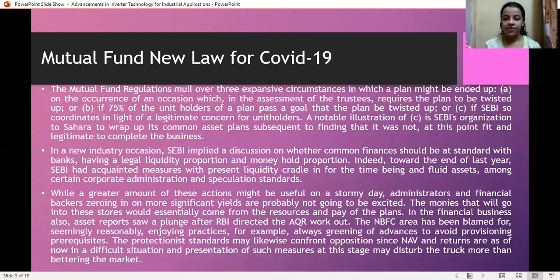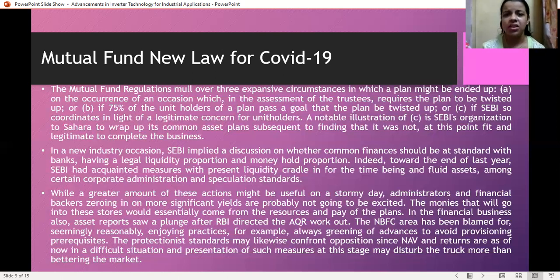The NBFC, non-banking financial corporation, sector has been blamed for seemingly questionable lending practices, for example, evergreening of loans to avoid provisioning requirements. The protectionist norms may also face opposition since NAV and returns are already in a difficult situation, and introduction of such measures at this stage may upset the cart more than better the market.